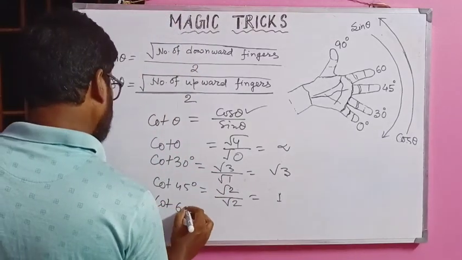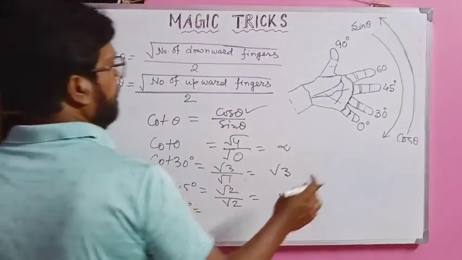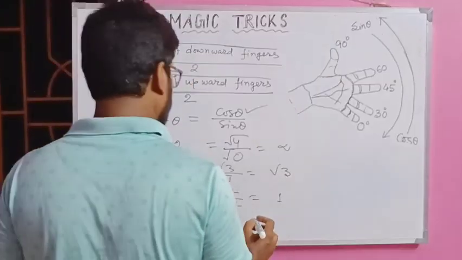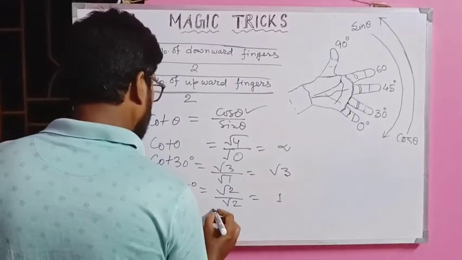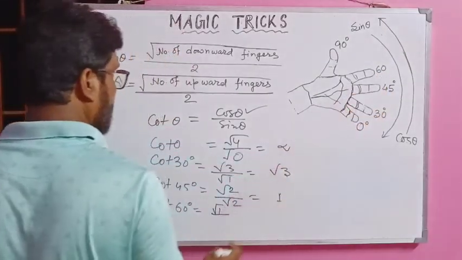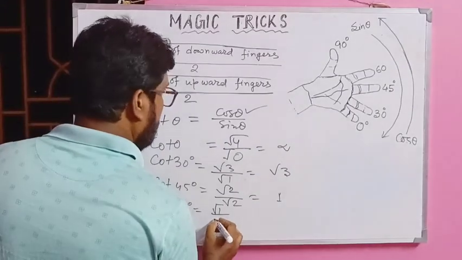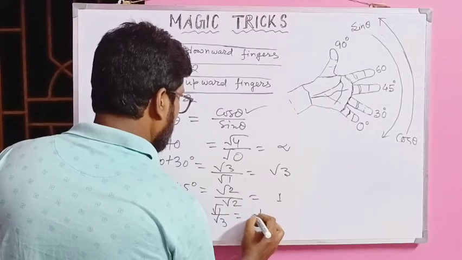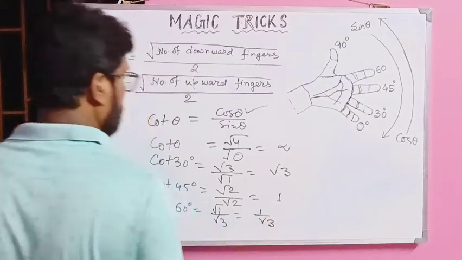Cot 60 degree: there is 1 finger left after 60 degree in downward direction. Therefore root 1, and there are 3 fingers left in upward direction, that is root 3. It will be 1 by root 3.